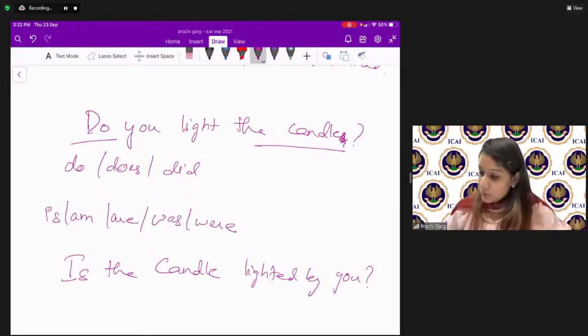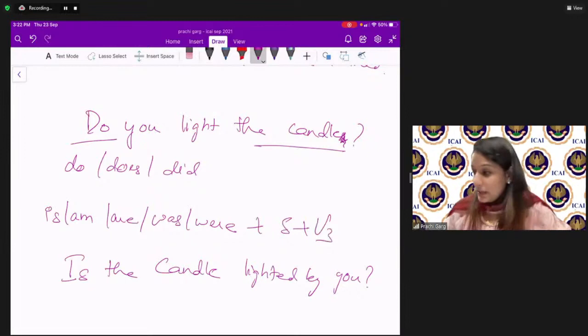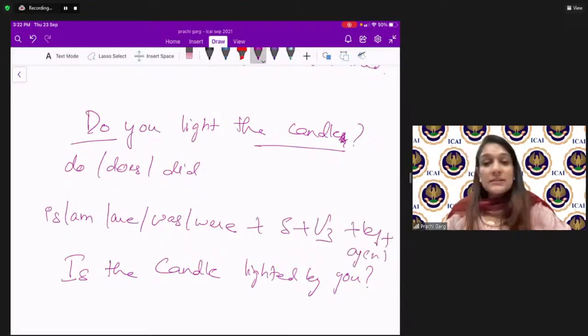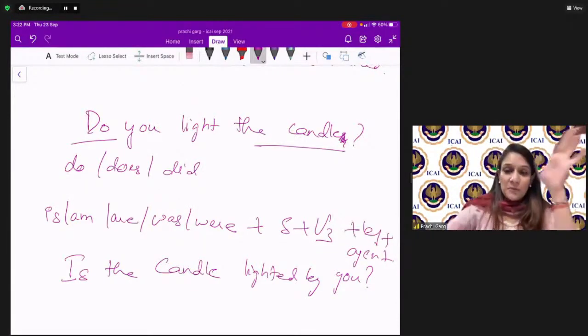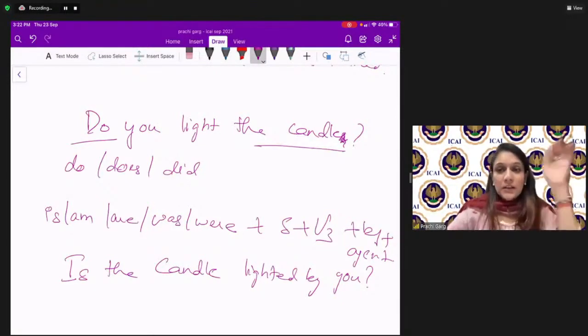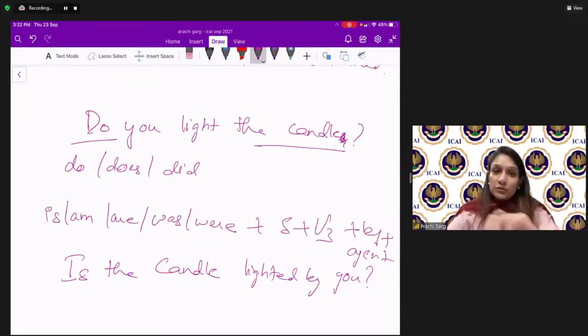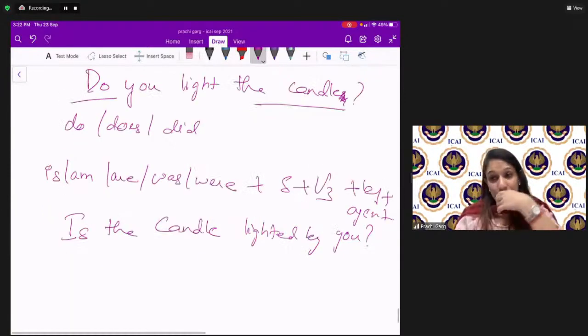So this will be followed by a subject, then V3, and then by, and then the agent. This is your sentence structure. Please understand, whenever you're going from active to passive, V3 will remain common no matter what happens. Okay, the verb will change into the third form. Okay, is the candle lighted by you?